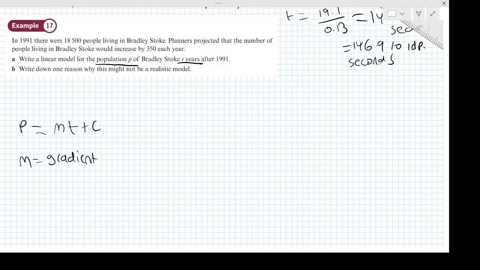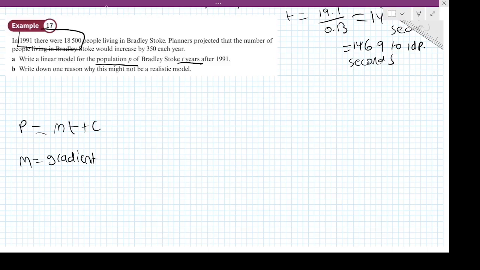Now, let's have a look at the information. In 1991, there were 18,500 people living in Bradley Stoke. Planners projected the number of people living in Bradley Stoke would increase by 350 each year. So, really, I've only been given two bits of numbers: that bit there, and this bit here, increased by 350. Now, the gradient is how much it goes up by, right?